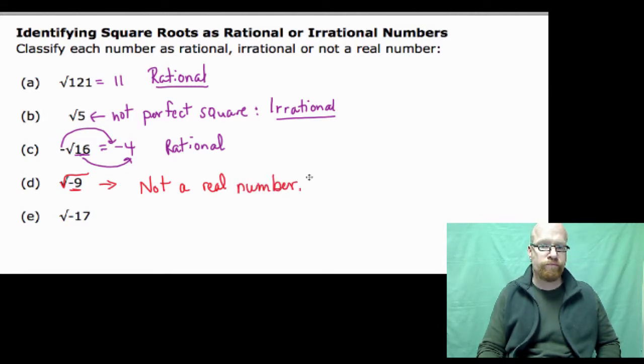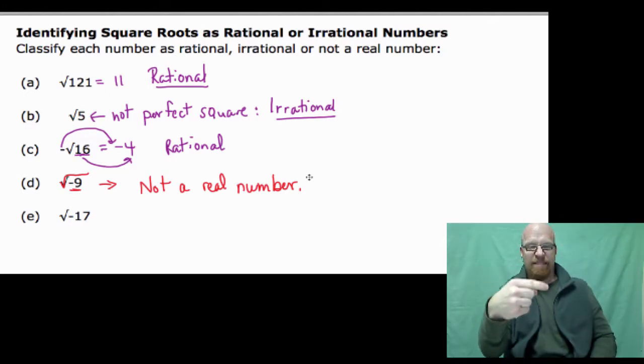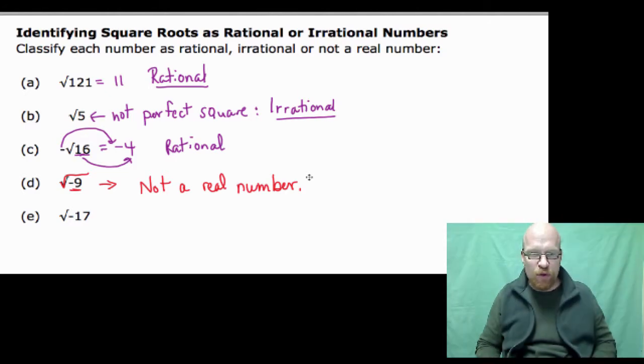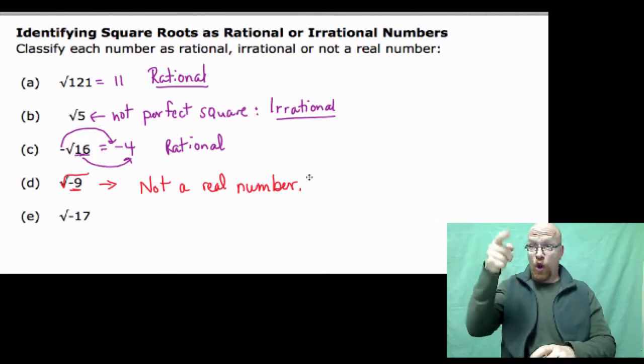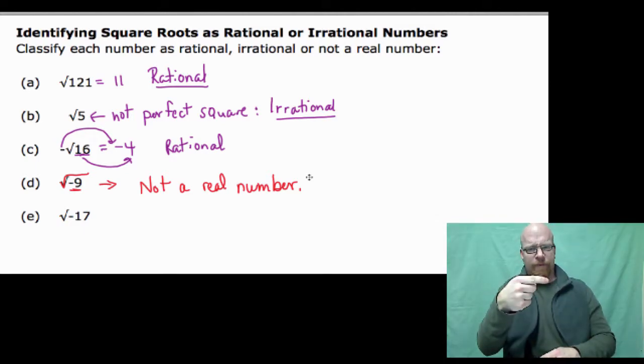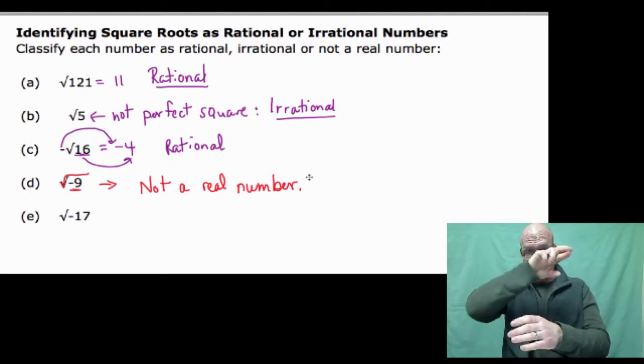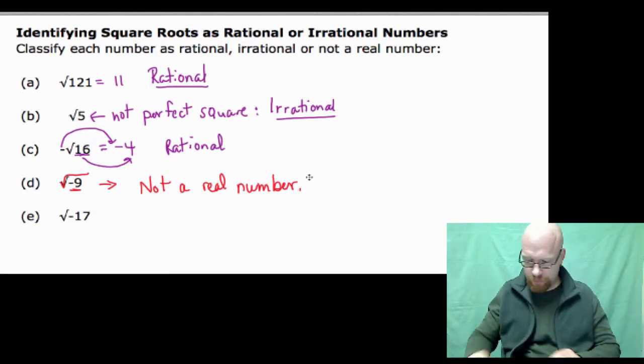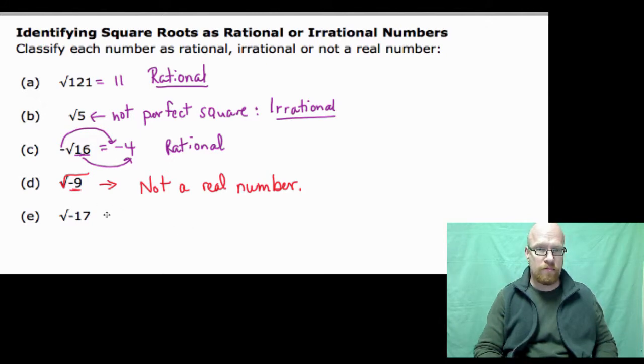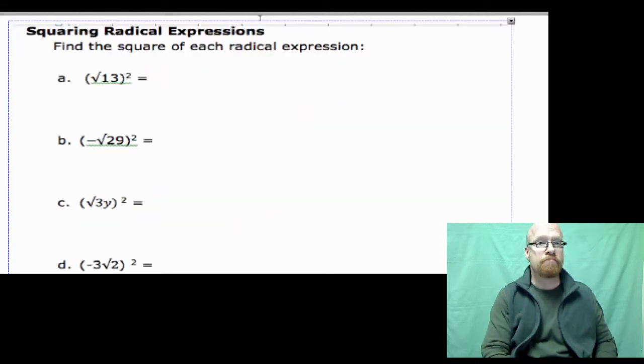So the answer for the square root of negative 9 is not a real number. 9 is a perfect square, it's 3, but the negative inside does not have a real number solution. And the last one here, negative 17 is no real number there either.